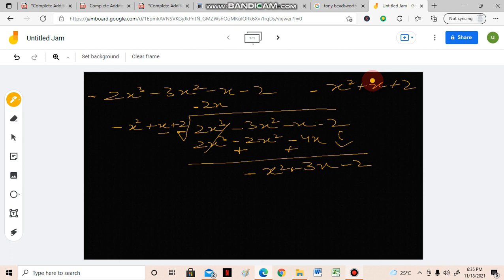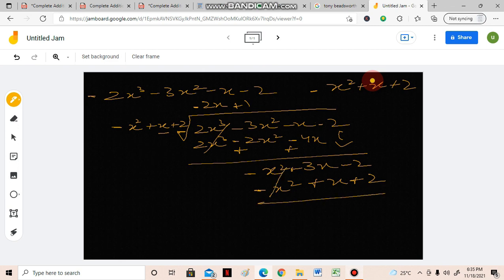Now we know that we can multiply minus x squared with positive 1 to get minus x squared, right? So minus x squared multiplied by positive 1 is minus x squared, plus x multiplied by plus 1 is plus x, and plus 2 multiplied by plus 1 is plus 2.